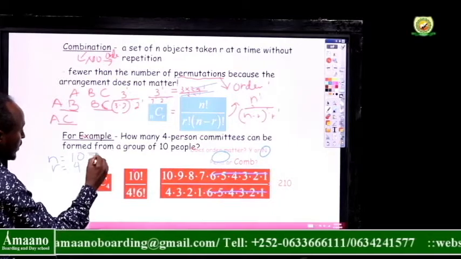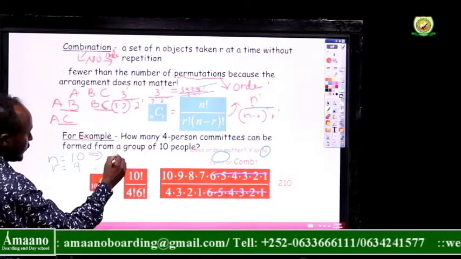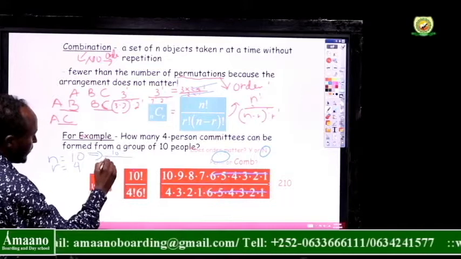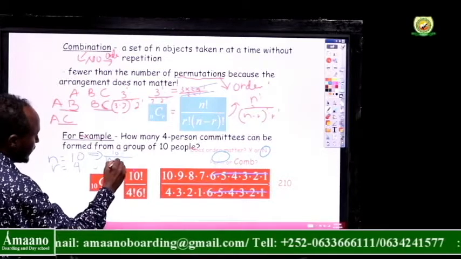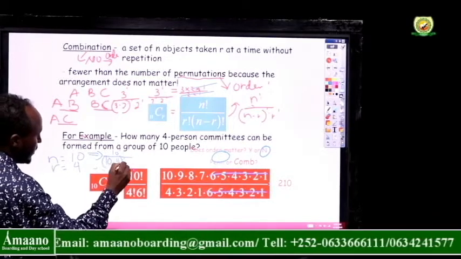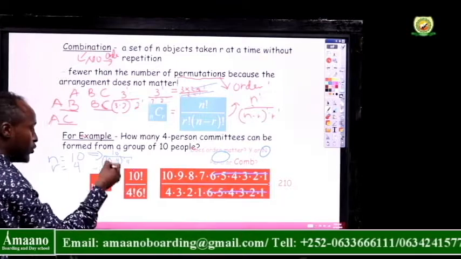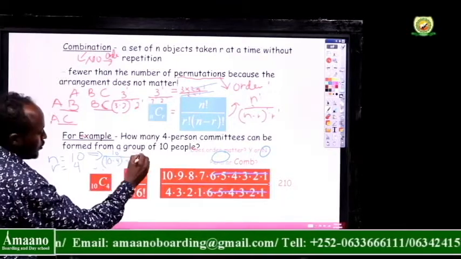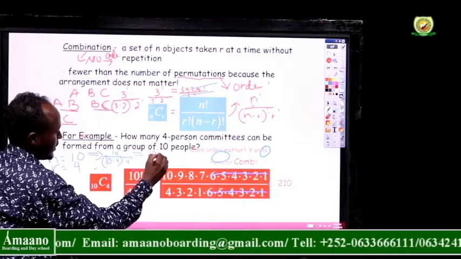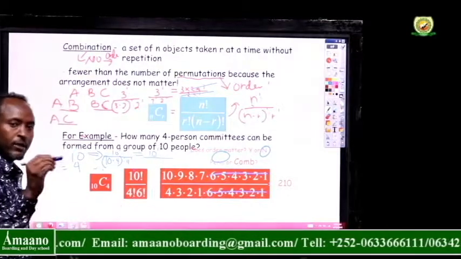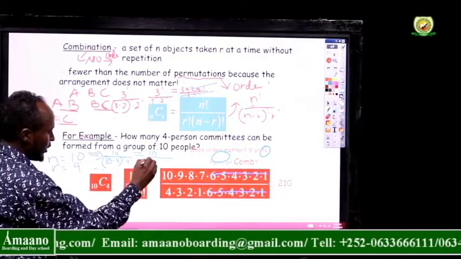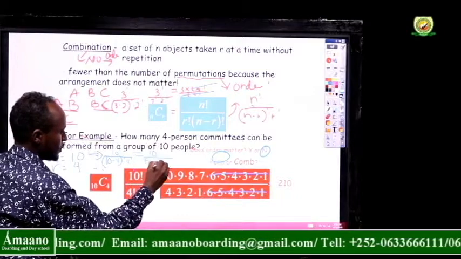If you apply the formula, it is 10 factorial divided by 10 minus 4 factorial times 4 factorial. If you simplify this, you have 10 factorial divided by 10 minus 4, which is 6 factorial, times 4 factorial.